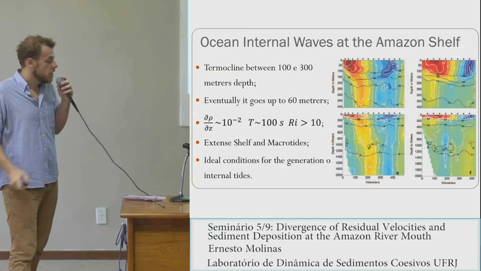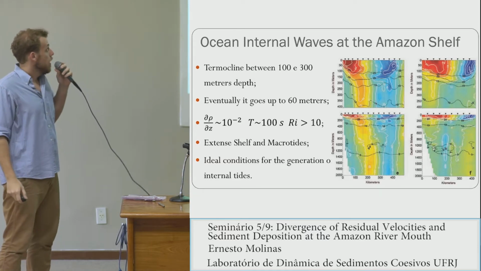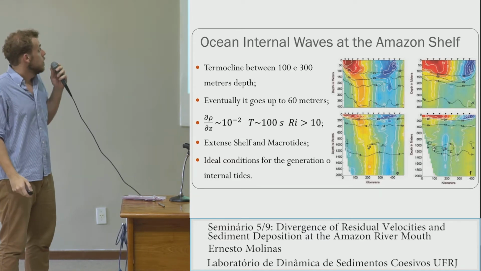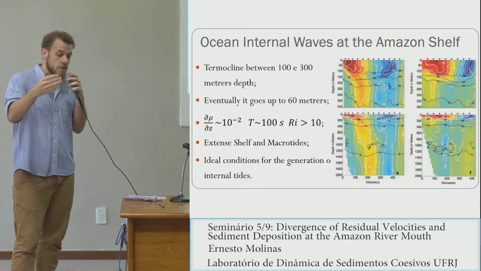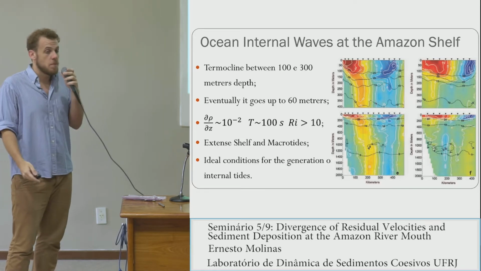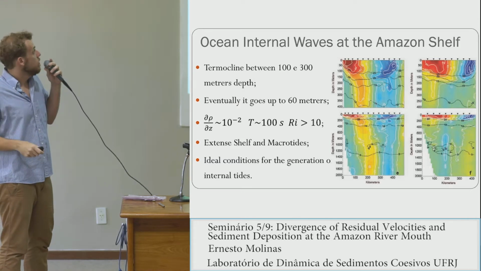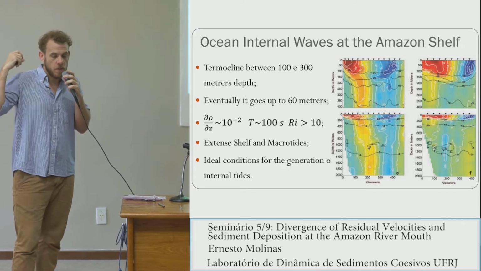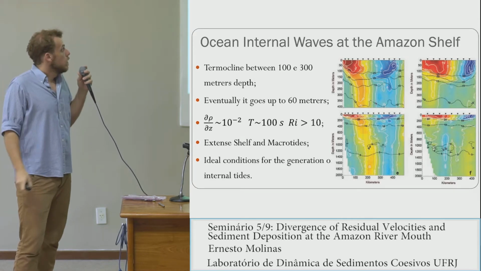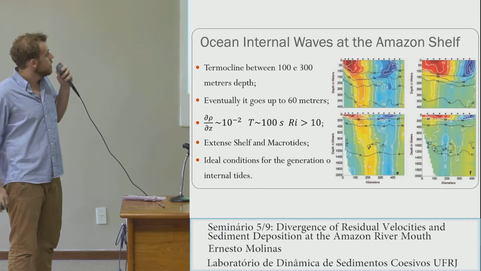So I started trying to model this internal tide, and that's quite challenging because we need a lot of horizontal and vertical resolution to represent these tides. So I decided to use a 2DV model that's been forced shoreward from the tidal prism of the Amazon and seaward from the tides, the levels itself.